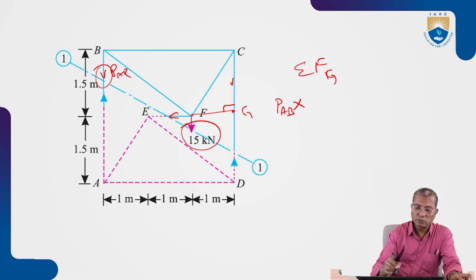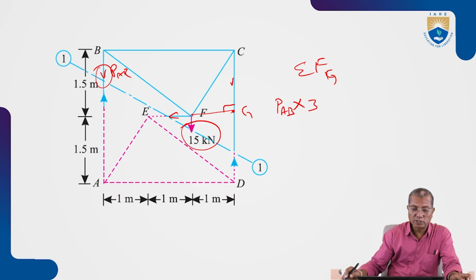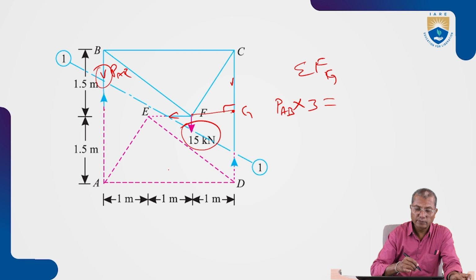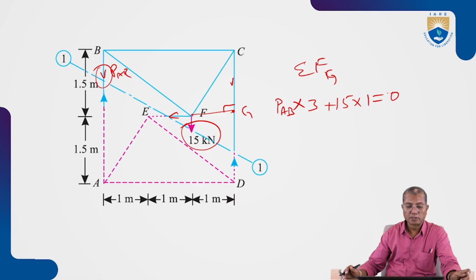PAB into 3 is anti-clockwise, and both are anti-clockwise, so PAB into 3 plus 15 into 1 is equal to 0.